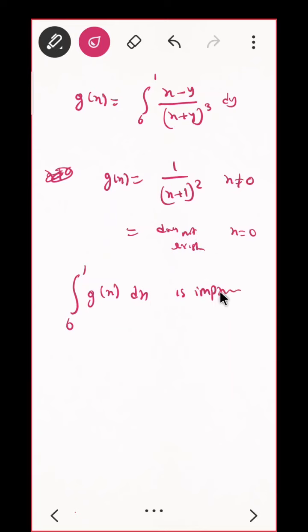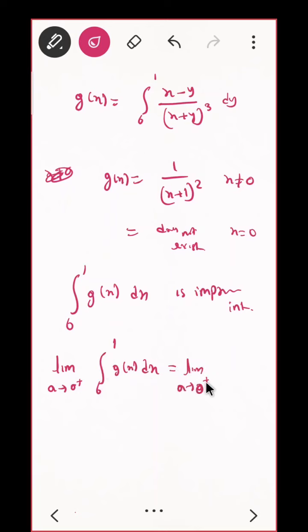How to solve an improper integral? Whatever the problem point is, we take a limit tending to 0. So limit, a tending to 0 plus, of the integration from a to 1 of g of x dx, because the problem is at 0.